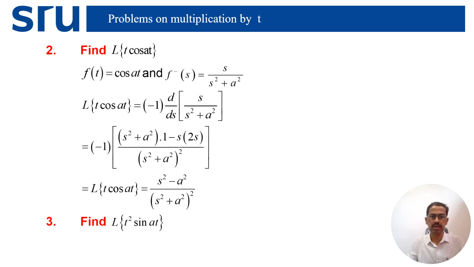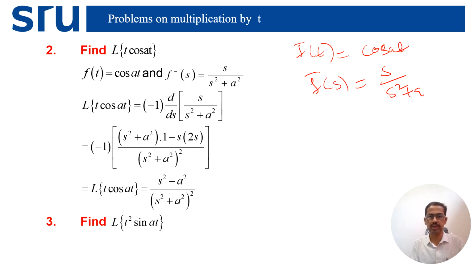And next, t cos at also we can find. So what is the Laplace transform of t cos at? Here f of t is cos at, then f bar of s is s by s square plus a square.